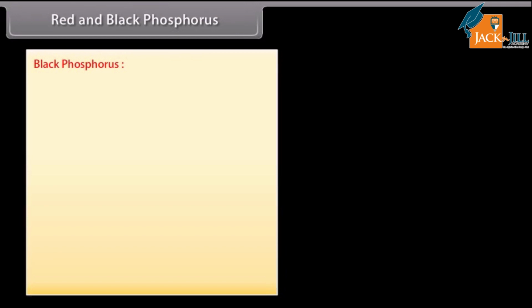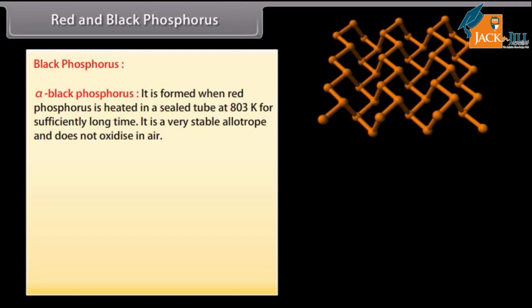Black phosphorus. It has 2 forms. Alpha black phosphorus is formed when red phosphorus is heated in a sealed tube at 803 Kelvin for a sufficiently long time. It is a very stable allotrope and does not oxidize in air.